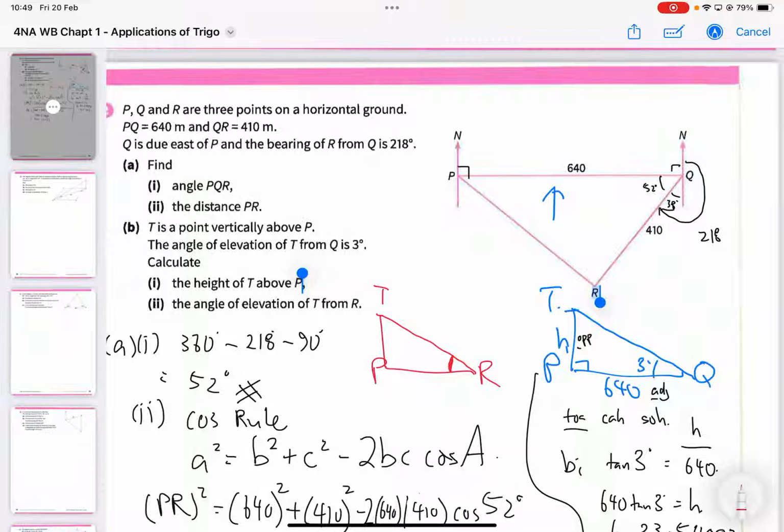Actually I brought this paper. Like that. So just now PQT is like that.